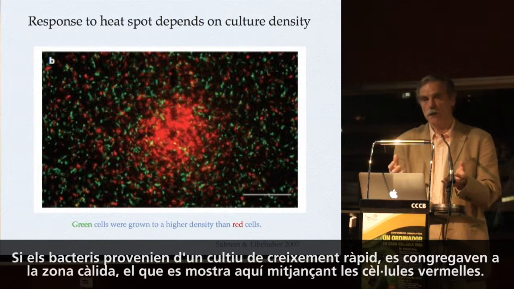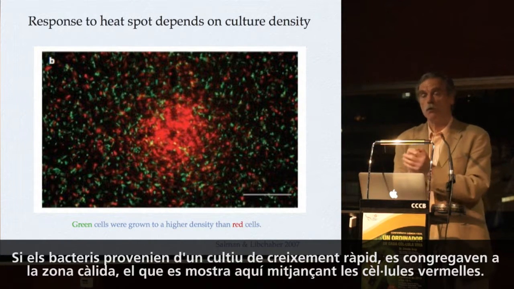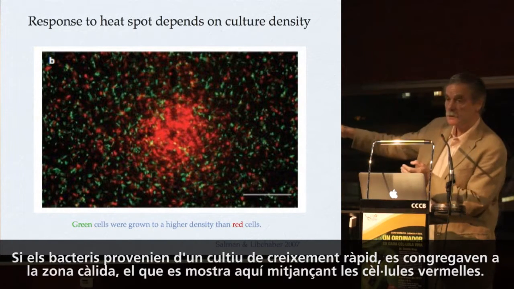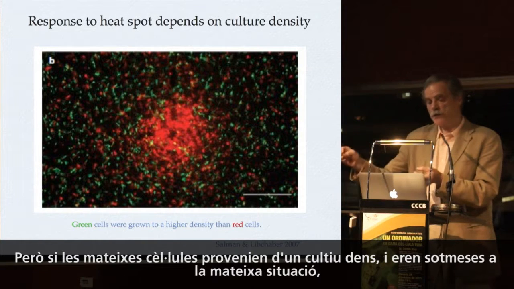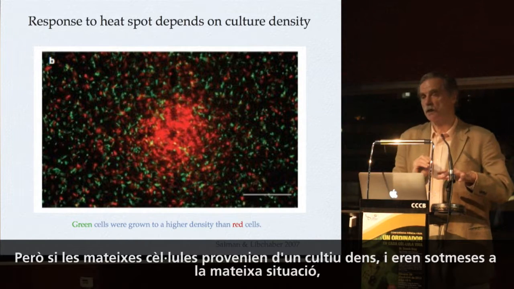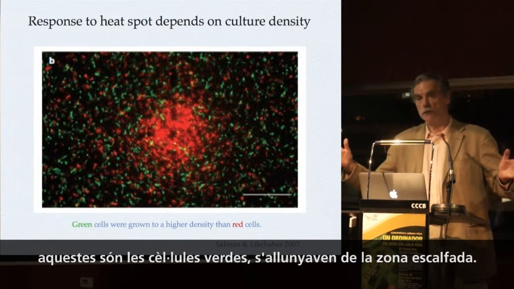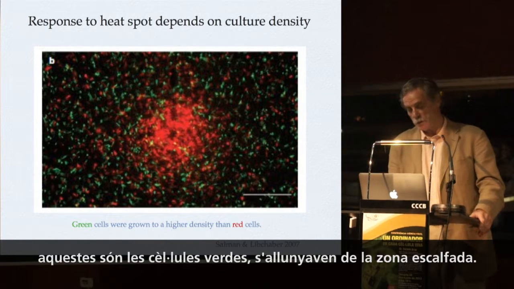If the bacteria were taken from a rapidly growing culture, they would congregate in the warm area, and that's shown by the red cells here. But if the same cells were allowed to grow into a dense culture, and they were put into the same situation, and these are the green cells, they moved out, away from the heated region.